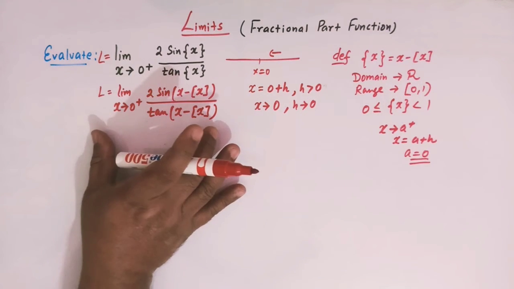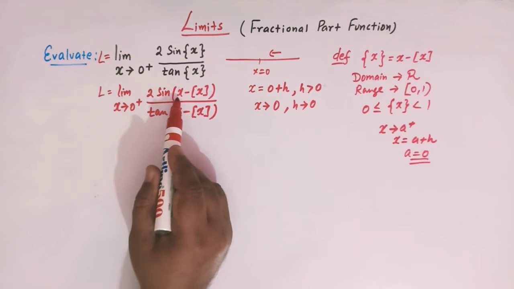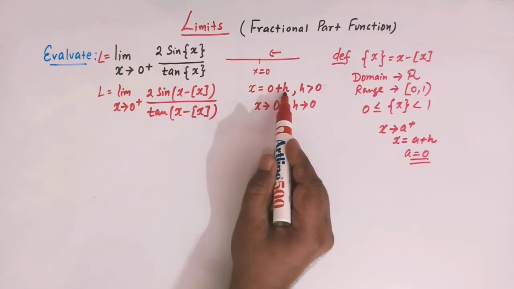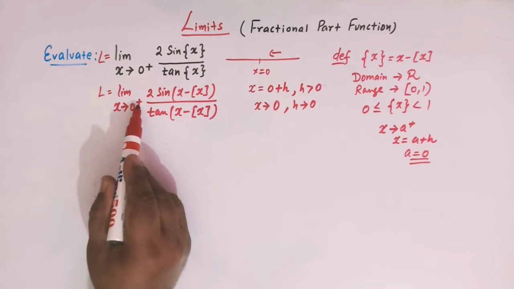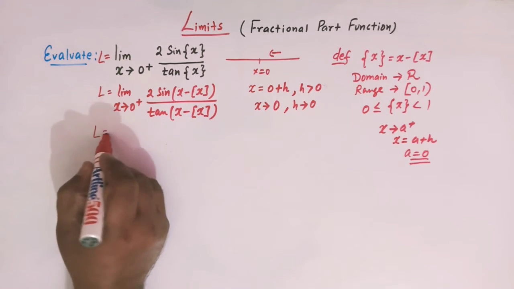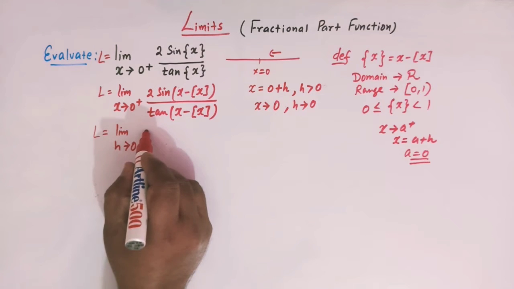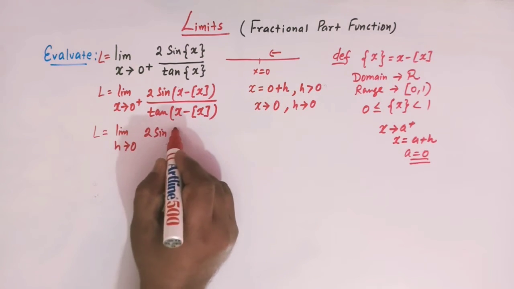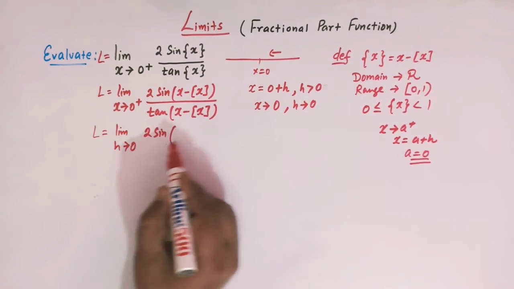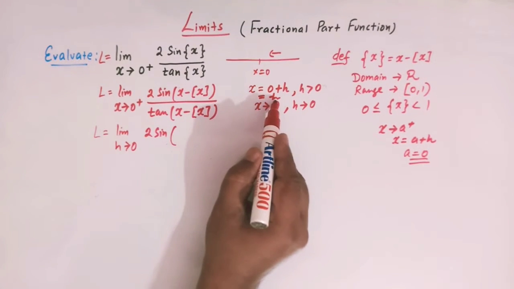Now we can replace x by 0 plus h, and x tends to 0 plus by h tends to 0. So we can write the limit h tends to 0 of 2 sine, and for x we have 0 plus h, which is h itself, so x is equal to h.